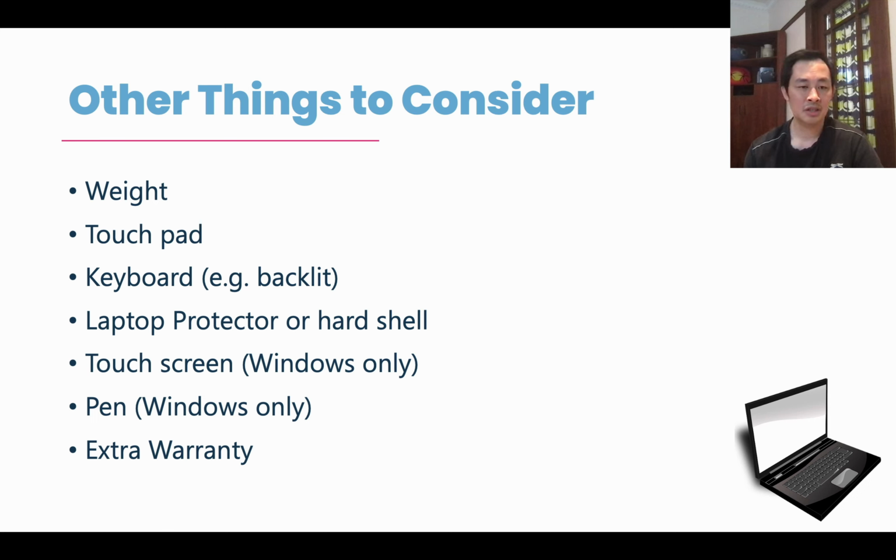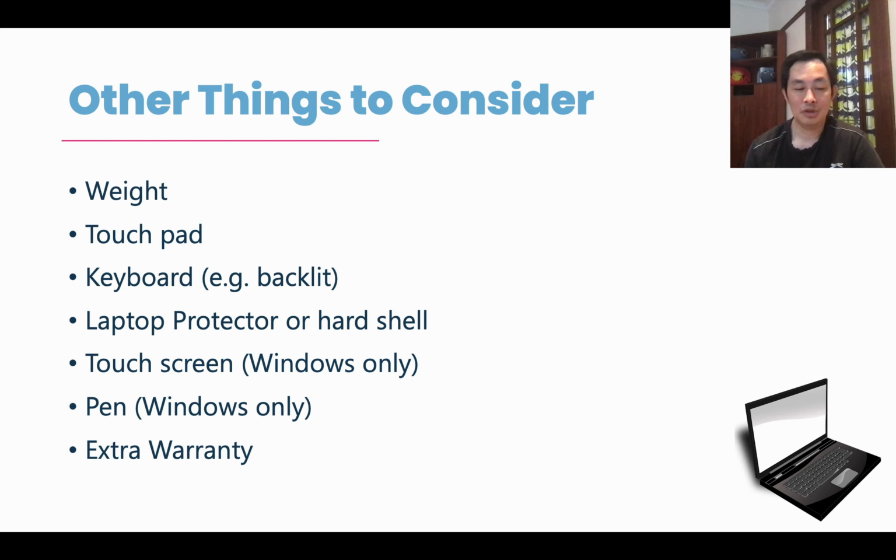The next two, touchscreen and pen. Windows only, because Apple doesn't provide a pen for the laptops as yet, or a touchscreen. So think about it, if you actually need touchscreen. A lot of them do come touchscreen enabled anyway, so it's not a normal consideration for paying extra for it, but it's always good to have.